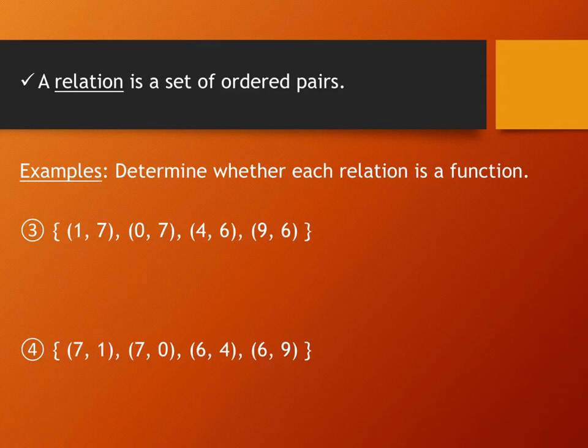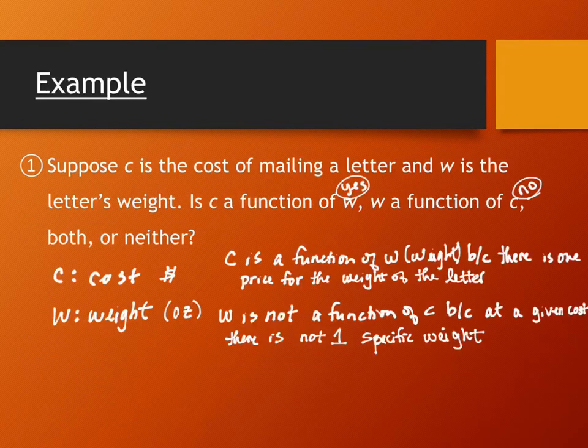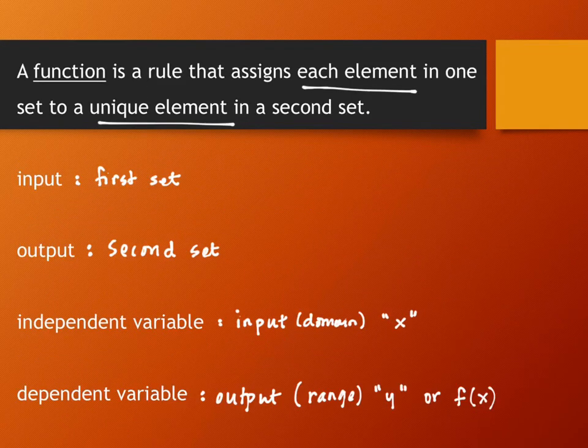So we're going to decide from an ordered pair points standpoint whether or not we have a function. If we go back and think about the definition of function from this perspective, it says each element in the input should correspond to one output.